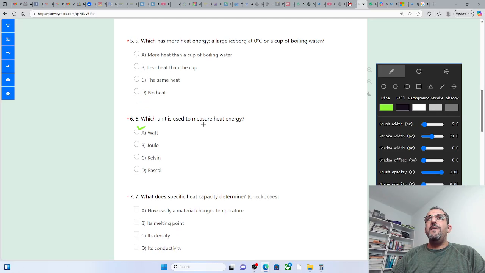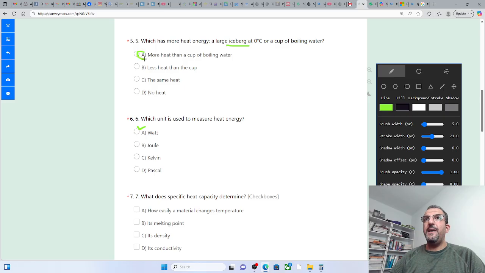Number 5. So which has more heat energy? A large iceberg at 0 Kelvin or a cup of boiling water? So you can see here you have a huge number of water molecules, but in a cup of water you have fewer water molecules.